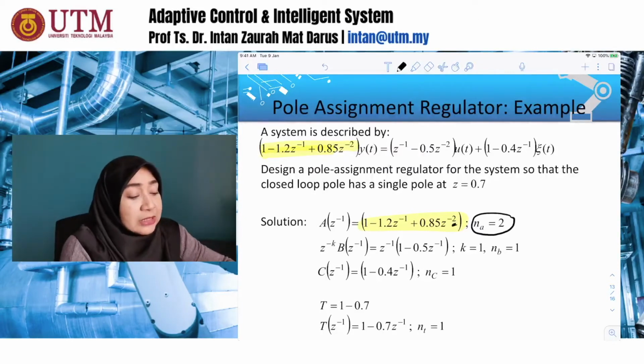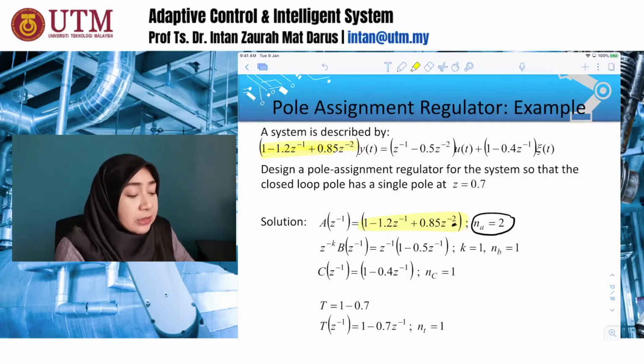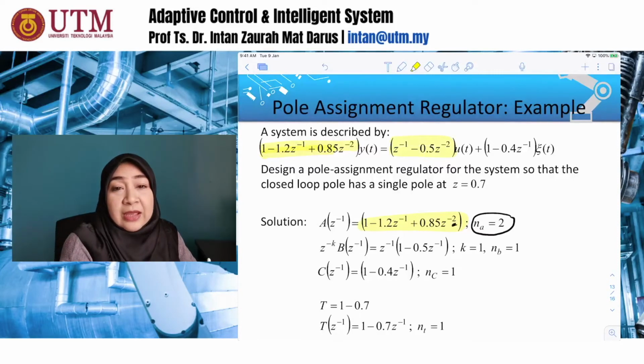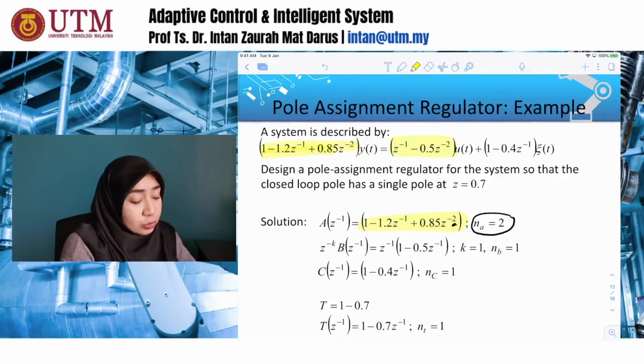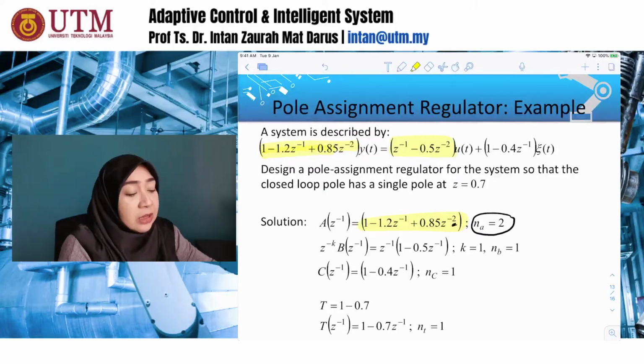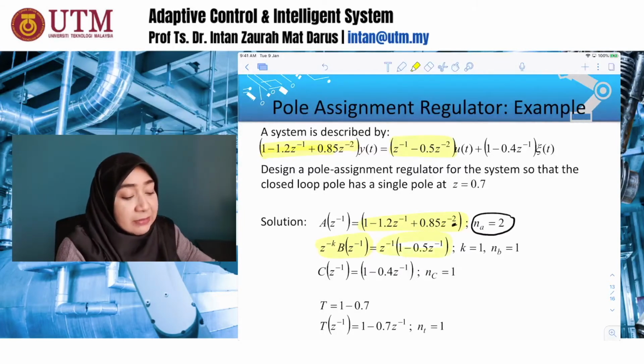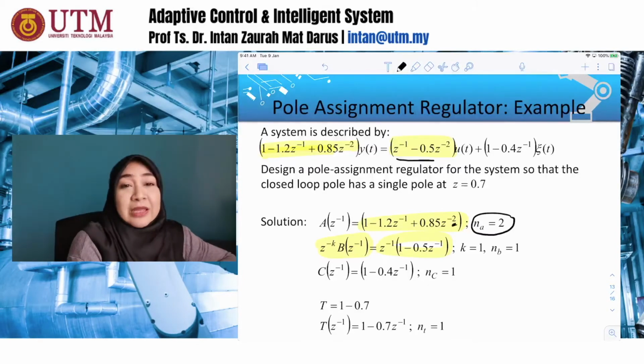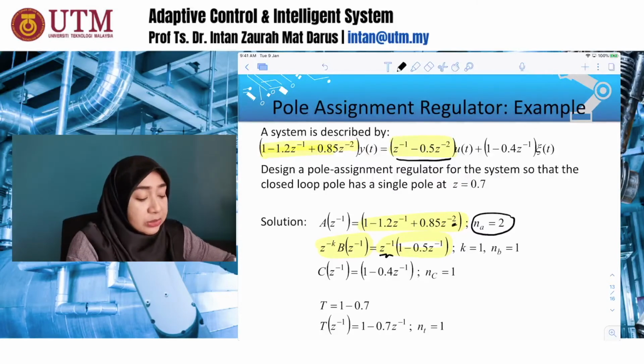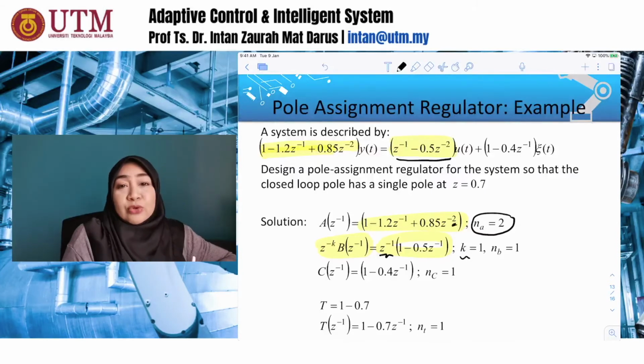Okay, then next you have your B with that polynomial there. That is actually z minus K multiplied by your polynomial B. So we can split that to get two model orders. If I factorize the z minus K from this equation, I can factorize it as z minus 1. What remains in that equation will be your polynomial B. So z minus 1 is your delay, and you know that your delay has a model order of 1.